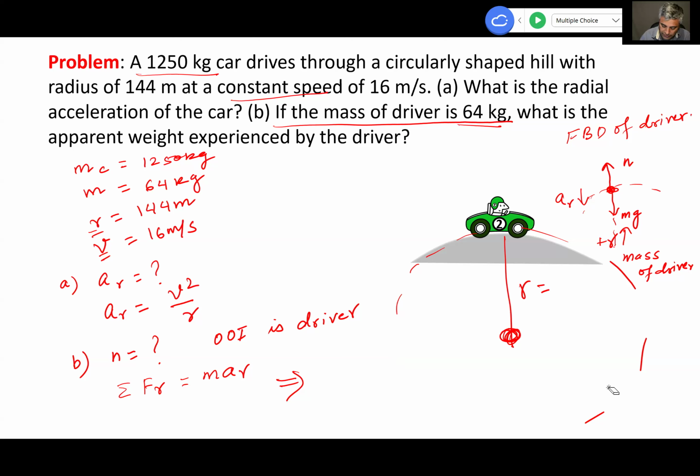Looks like there is a problem at the bottom of the slide. So mg minus normal force equals mv squared over r. So N, let's move N to the other side, means it's going to be mg minus mv squared over r.